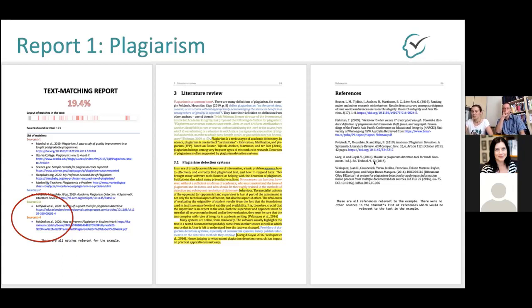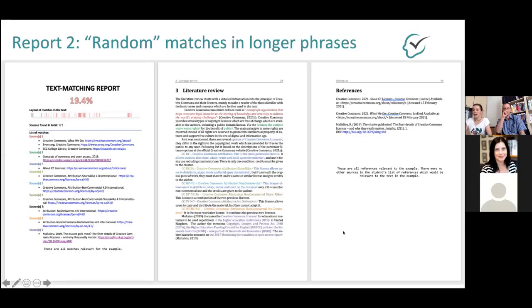In the second report, these are just random matches in longer phrases, such as the matches in the names of the Creative Commons licenses. These are things which happen to be the same, but all the sources are referenced.